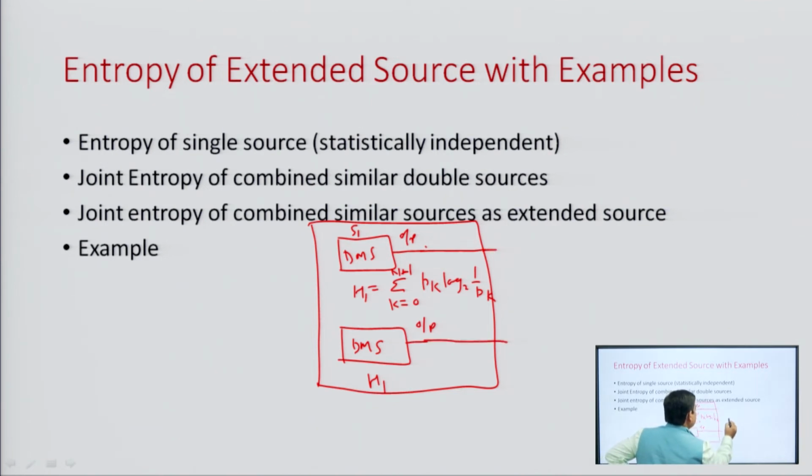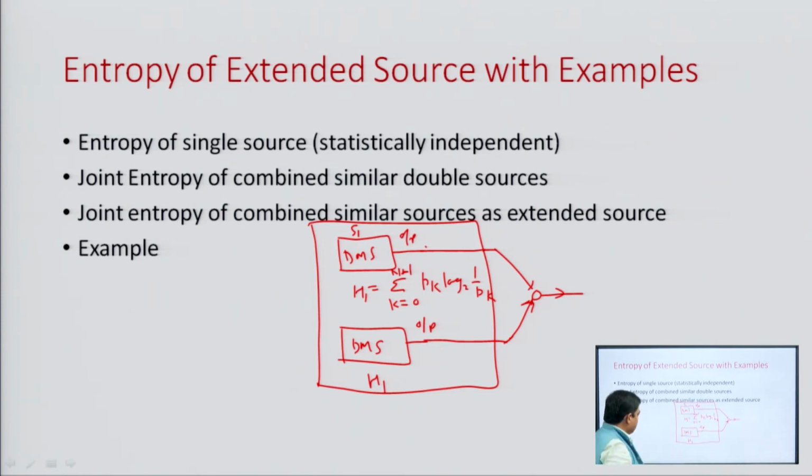Suppose this is connected to a joint combined point and giving output here. Then what will be the entropy of this combined source which is statistically independent?